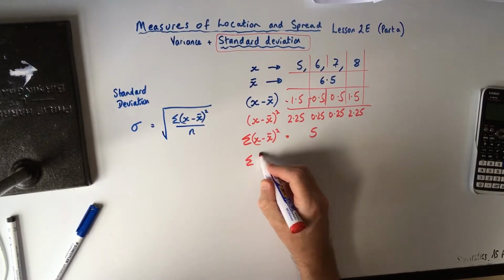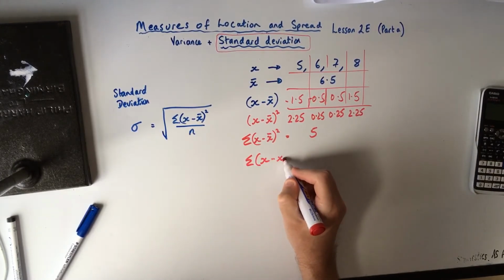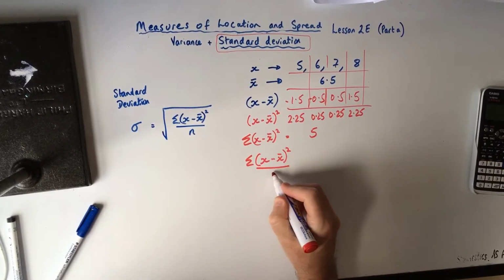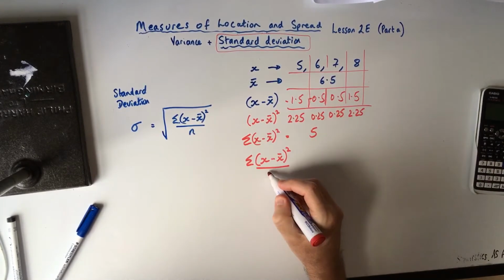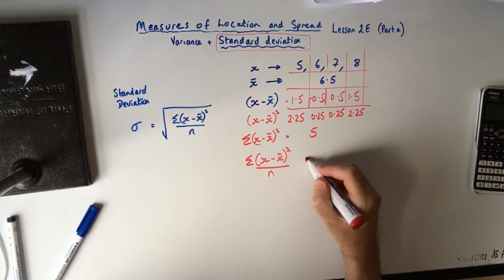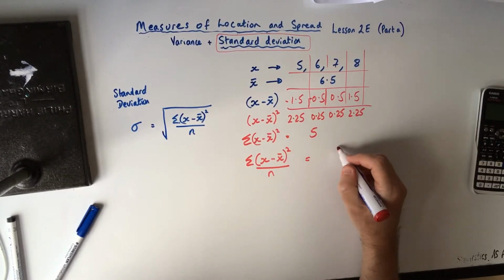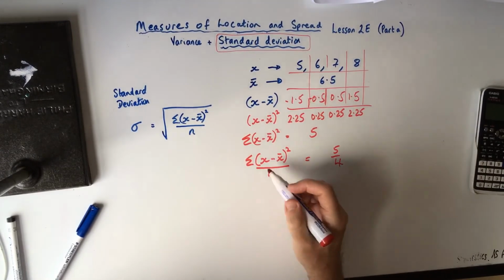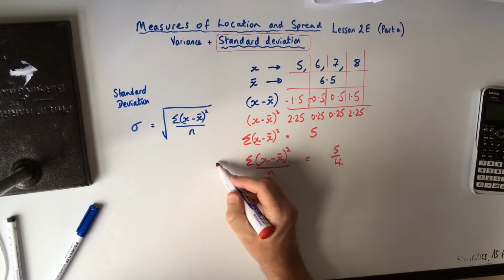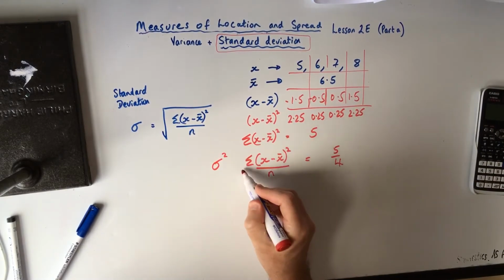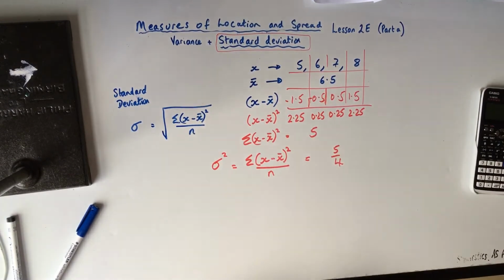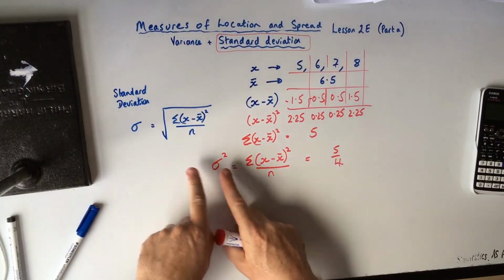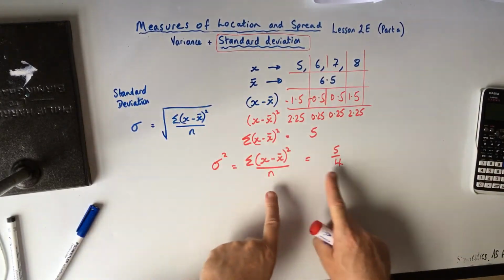The sum of x minus x bar squared divided by n, and there are 4 numbers, is equal to 5 over 4. At this point, this is the standard deviation squared, because the standard deviation is the square root of all of that.